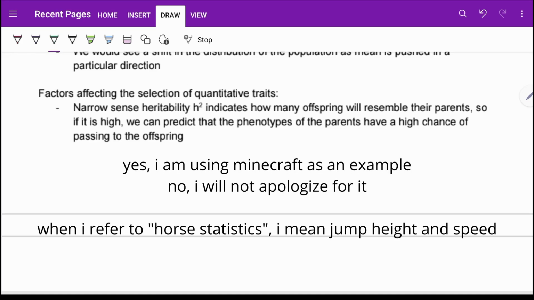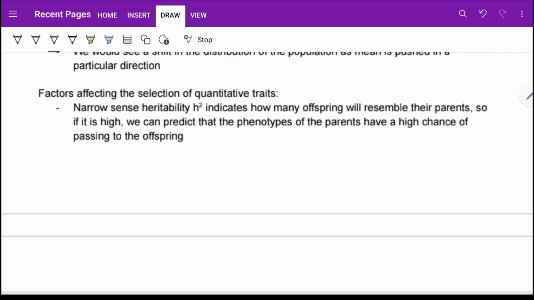Minecraft horses, their parents have kind of a low narrow sense heritability because when they have children, their statistics tend to go towards an average total horse speed instead of the average of the parents. It kind of skews back towards the mean instead of getting better. So that would be an example of low narrow sense heritability.